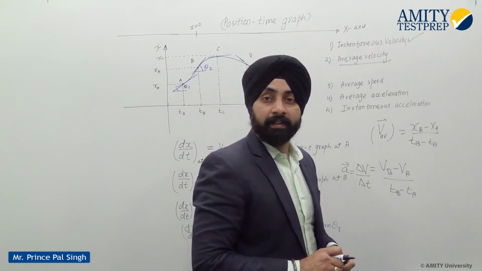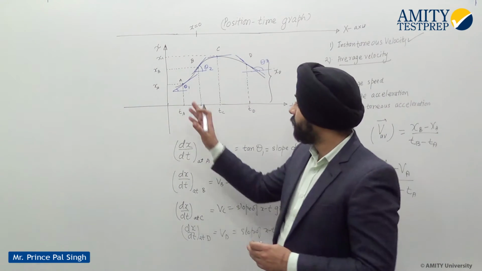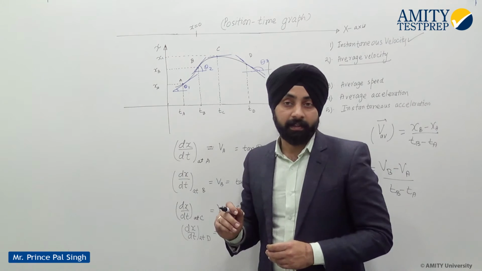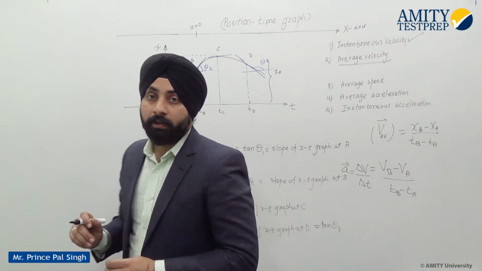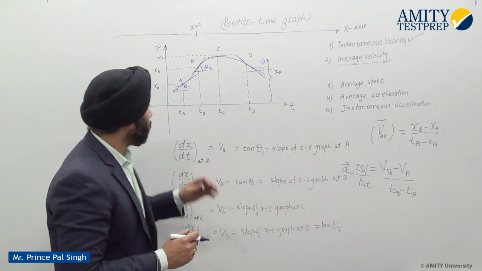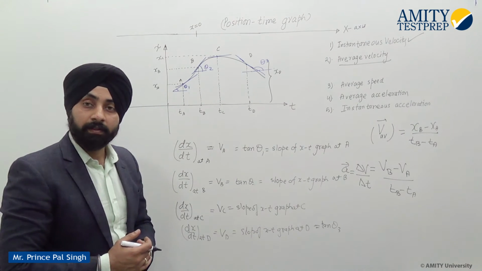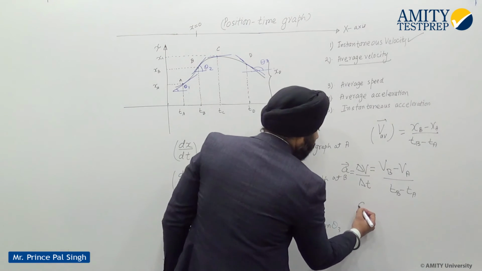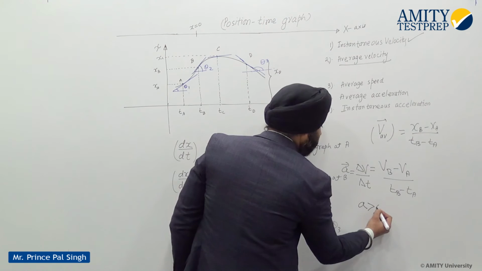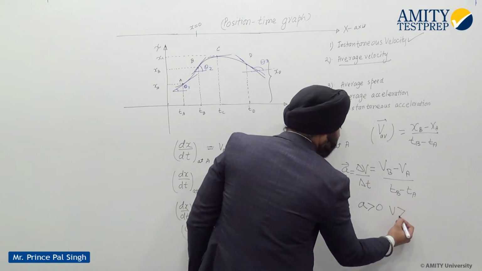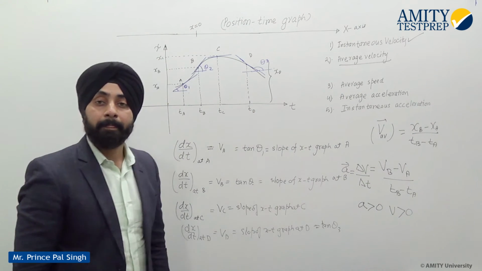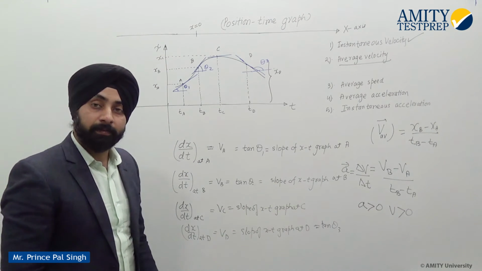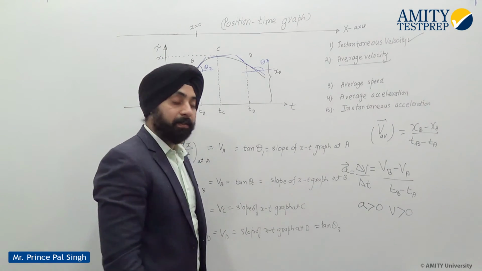When the slope is increasing, it simply means that the speed is also increasing, and the acceleration is positive because the velocity is also positive. If the acceleration is positive and velocity is positive, it means that the body is speeding up, it is gaining speed.